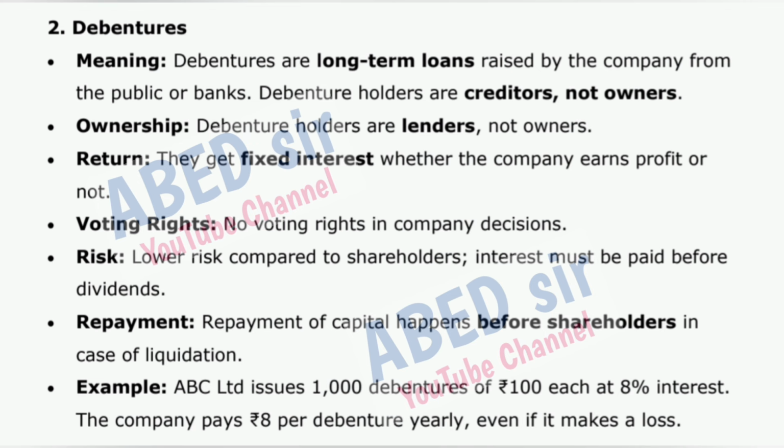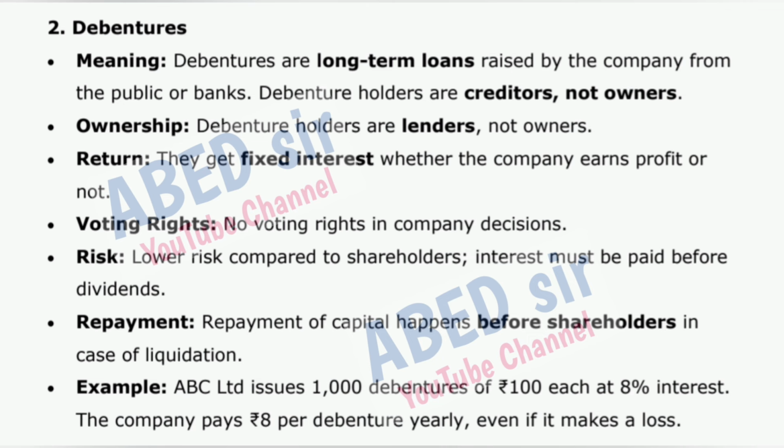Ownership: debenture holders are lenders, not owners. Return: they get fixed interest whether the company earns profit or not. Voting rights: no voting rights in company decisions. Risk: lower risk compared to shareholders. Interest must be paid before dividends. Repayment: repayment of capital happens before shareholders in case of liquidation.